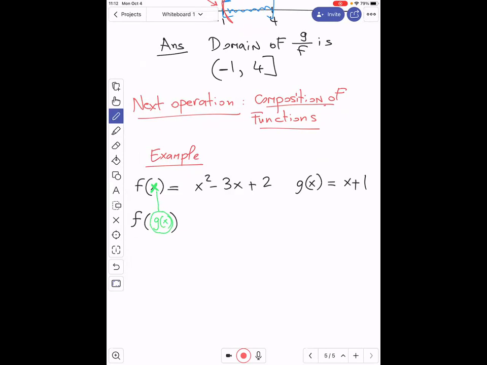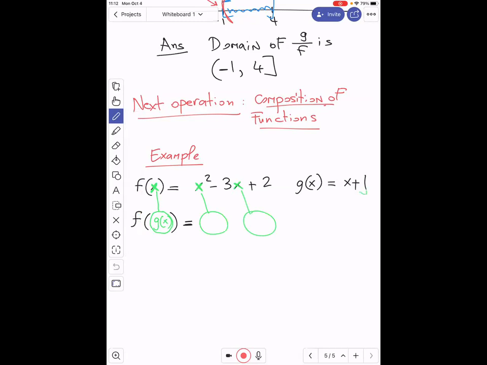Whenever you have x, there's an x in here, and there's another x here, I'm going to just replace the x with g of x. So f of g of x is equal to, so this x would be g of x. G of x is x plus 1.